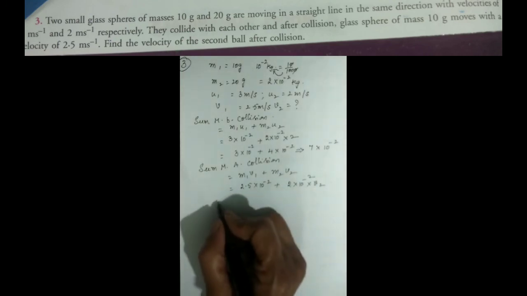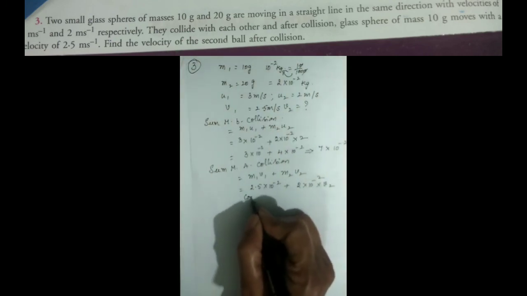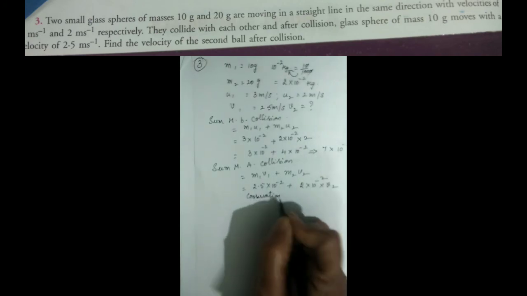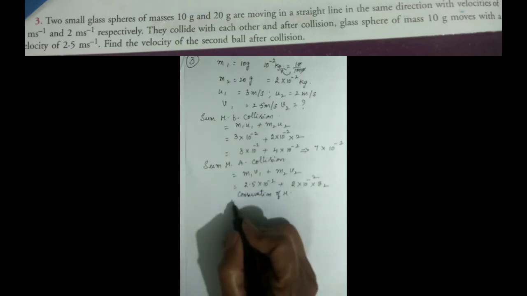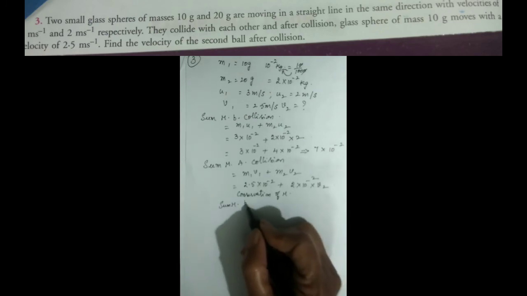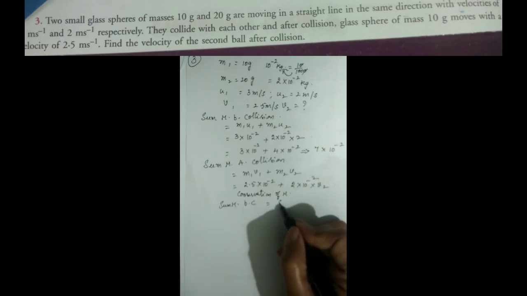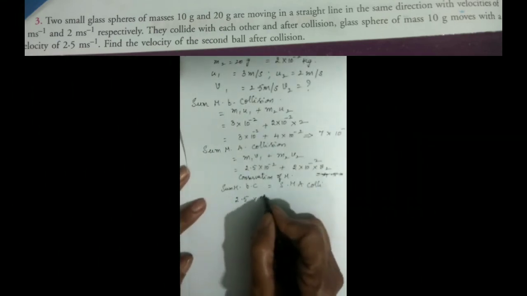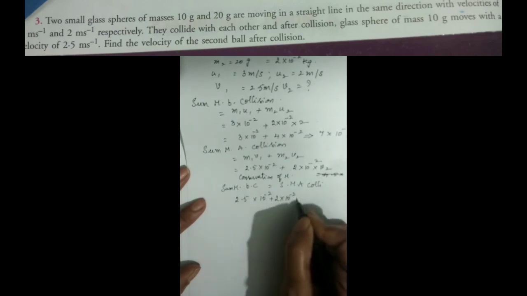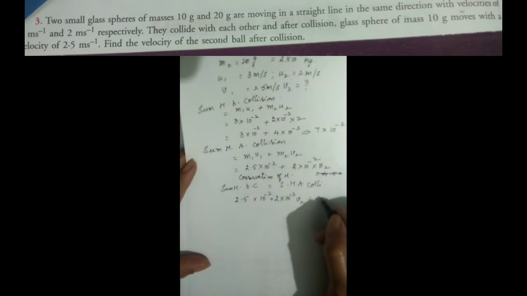Therefore apply conservation of momentum. Total momentum before collision is equal to the sum of momenta after collision. 2.5 into 10 to the power of minus 2 plus 2 into 10 to the power of minus 2 V2 is equal to 7 into 10 to the power of minus 2.